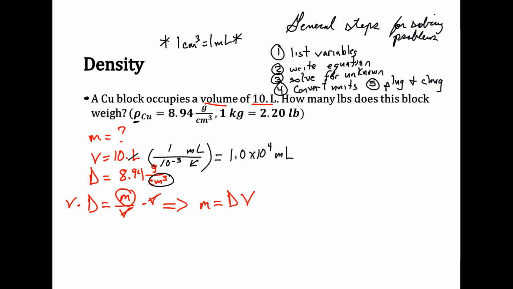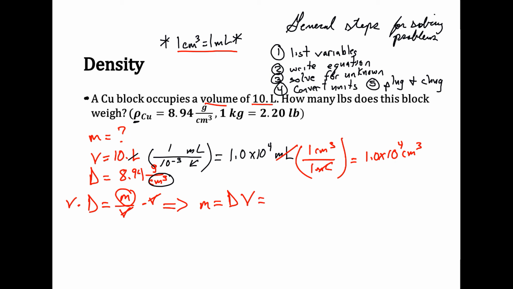Since 1 cubic centimeter is equal to 1 milliliter, we could just multiply by 1 cubic centimeter per 1 milliliter. Milliliters cancel, and we end up with the same answer, which is 1.0 times 10 to the fourth cubic centimeters. So now we should be ready to plug into our equation because we've converted our units.